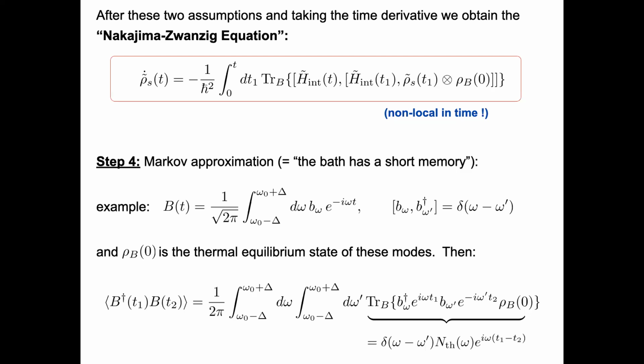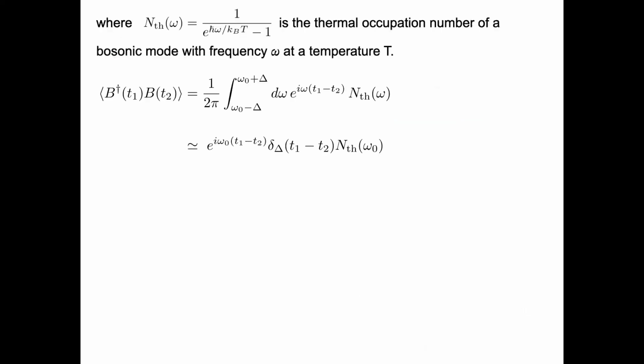Because they are broad bandwidth and delta correlated, one of these integrals cancels out through this delta function. What we have is then something that is delta correlated in time and is proportional, in this case, to the thermal equilibrium number at the characteristic frequency.